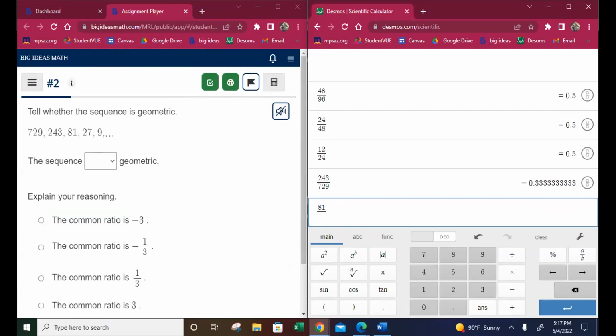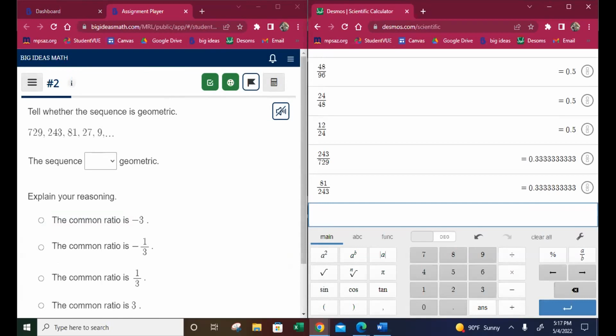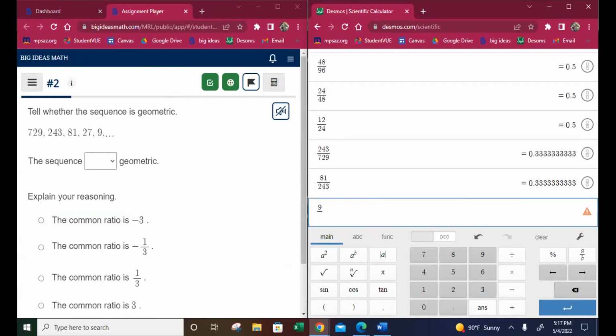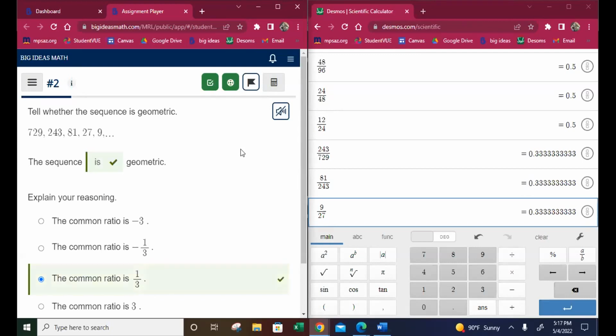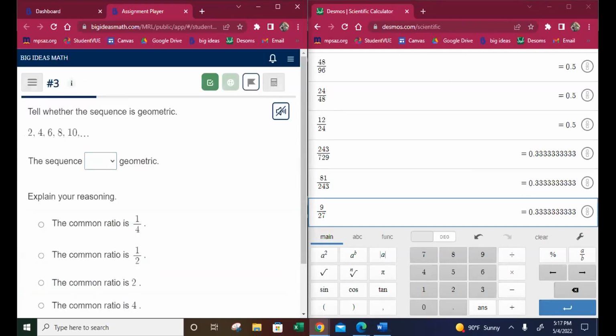Okay, that's 1/3. Good. Usually 3 is enough to kind of decide if it's the same. This one is going up by 2 each time.